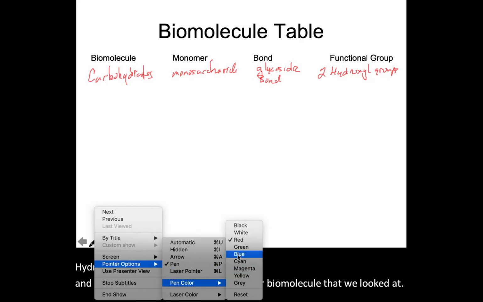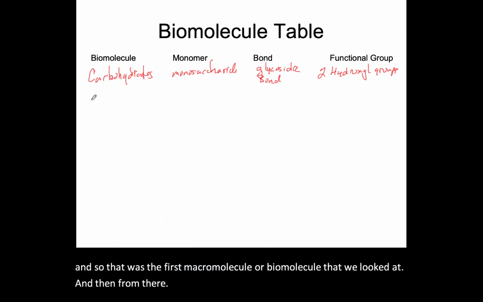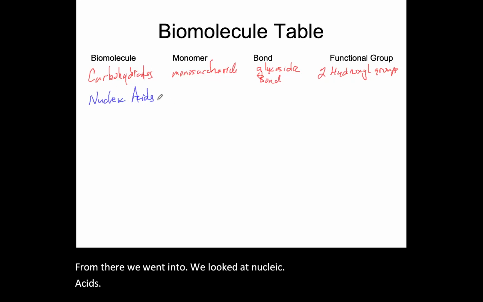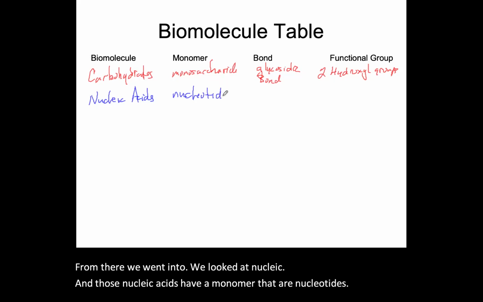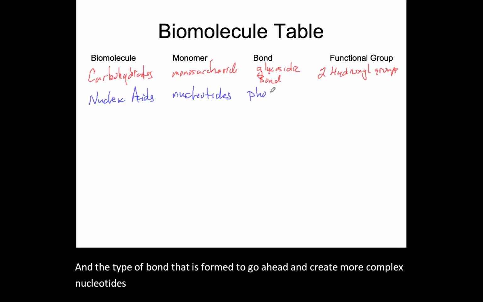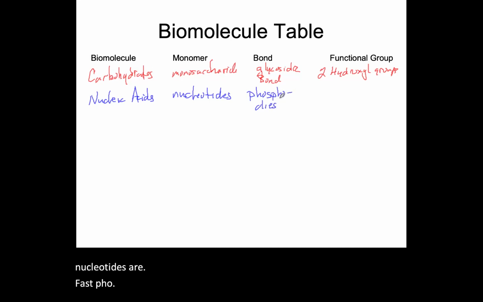And then from there we went into and we looked at nucleic acids, and those nucleic acids have a monomer that are nucleotides, and the type of bond that is formed to go ahead and create more complex nucleotides are phosphodiester linkage.